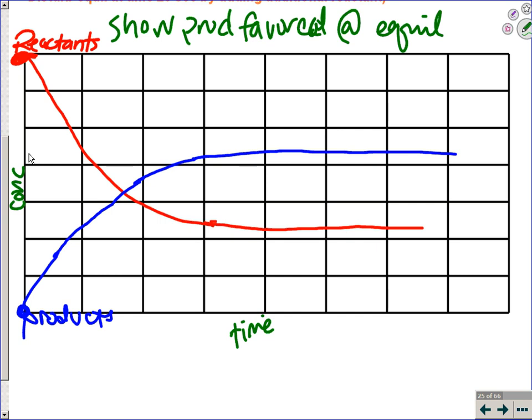When it becomes a 0 slope, right? When it goes flat. So probably about here-ish, approximately where mine go flat. So mark on your graph where it went flat and put at equilibrium. Because at that point, the concentrations are no longer changing.